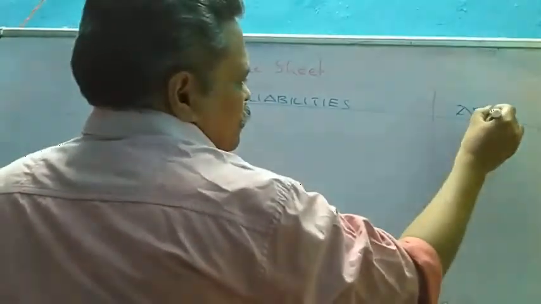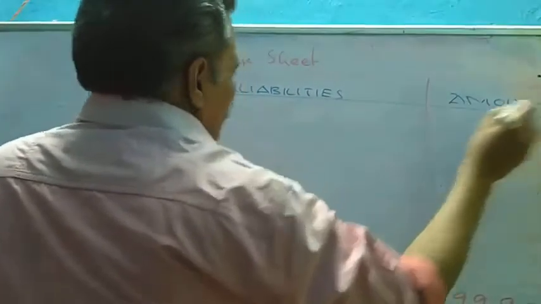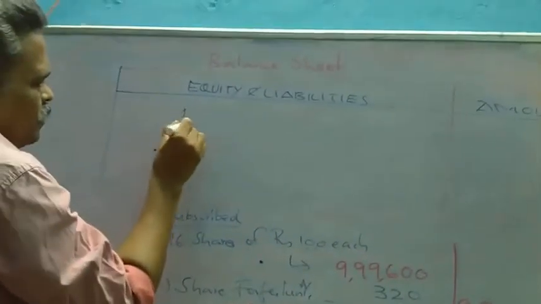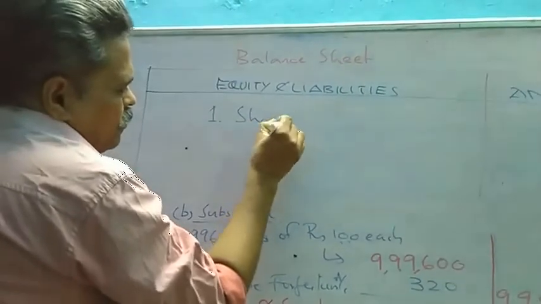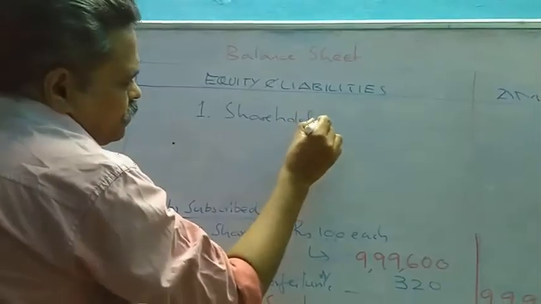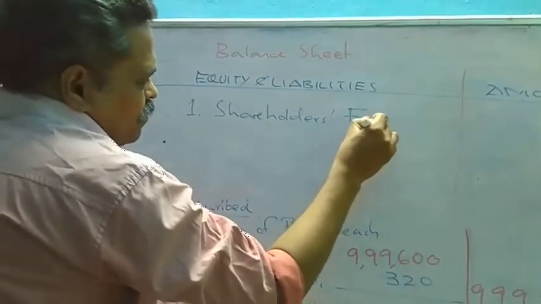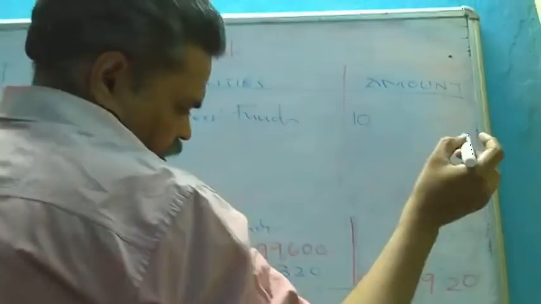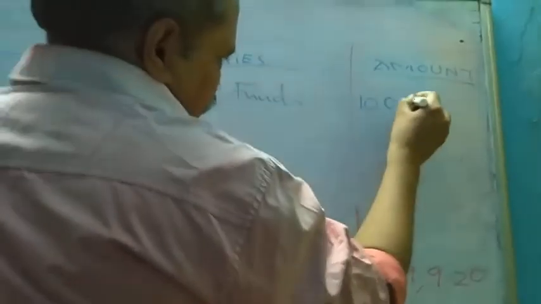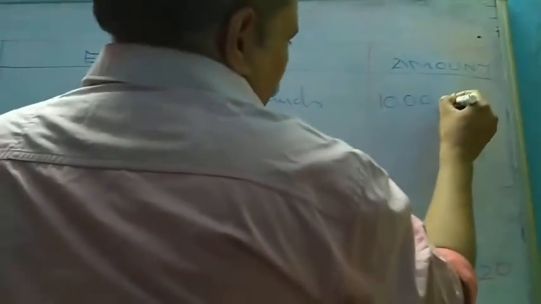Amount. Only one heading, shareholders funds. It is 10 lakh 170.